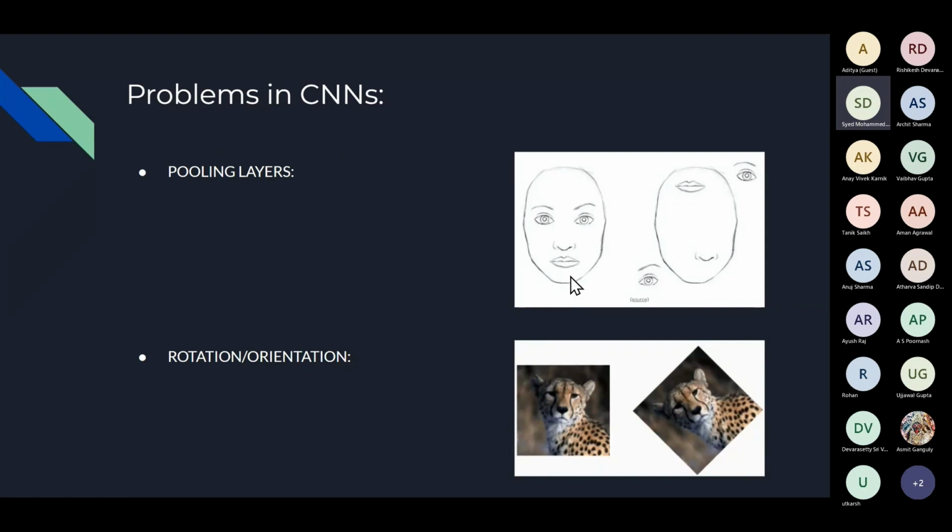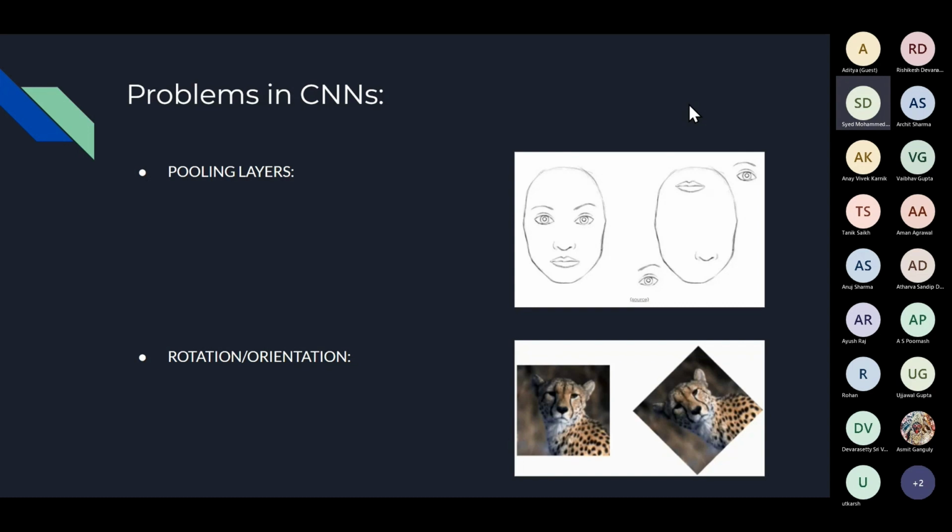For example, consider this one image and this second image, and we are feeding them into a trained CNN. The CNN would identify both of these as human faces, right?